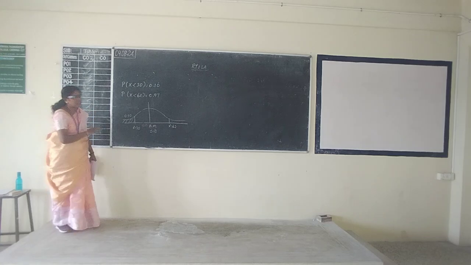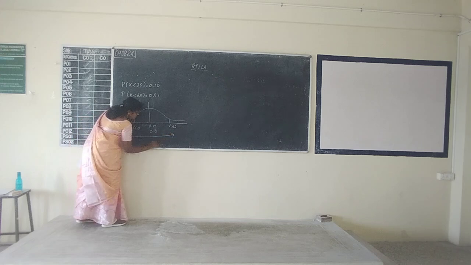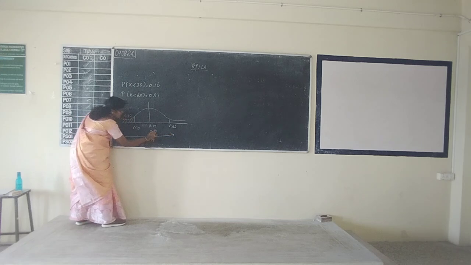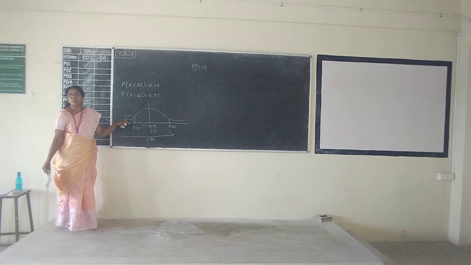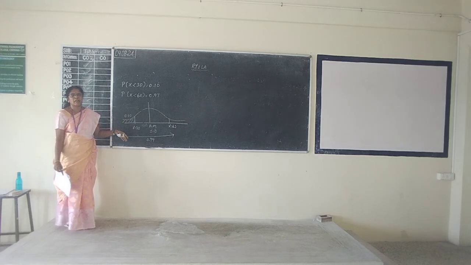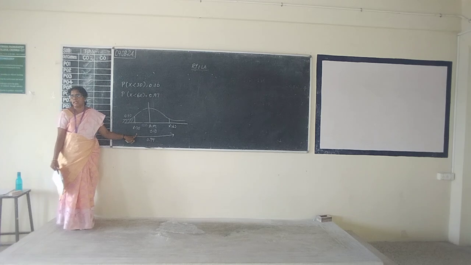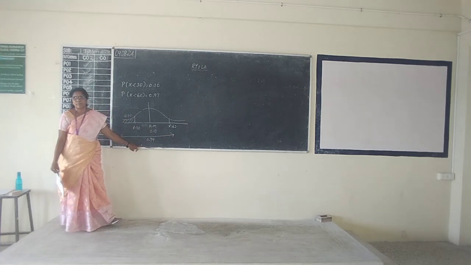In this 0.97, 0.10 is also inclusive. Less than 62 means it will have the values less than 30 also.